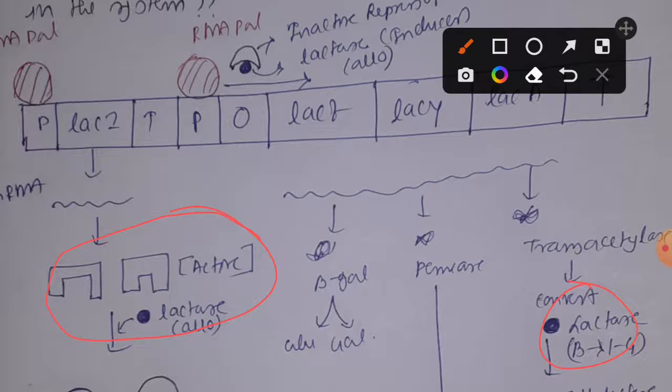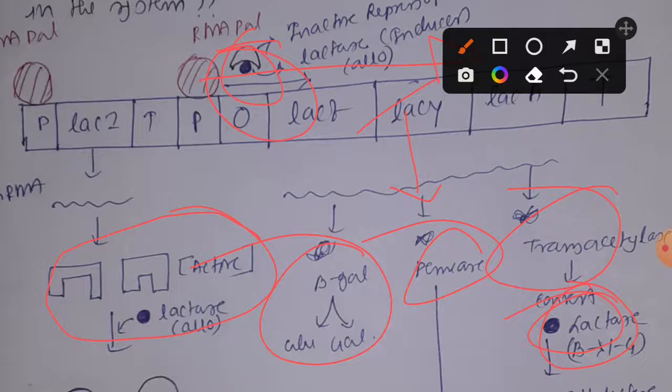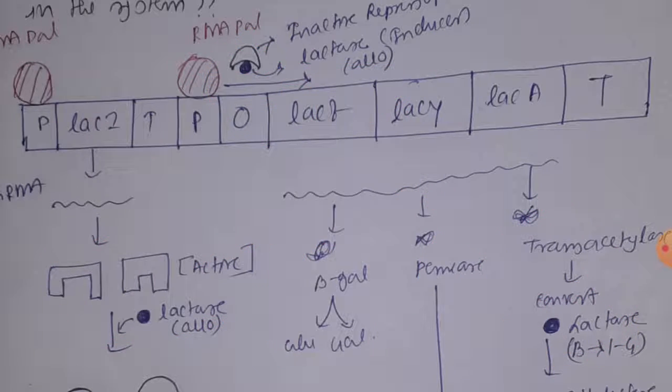Okay, after that the repressor cannot bind with the operator of the structural gene. So RNA polymerase now has the ability to start the transcription, and those repressors that are already bound with the operator also become inactive with the help of allolactose, and as a result they come out from the operator. So lac-Z leads to the formation of beta-gal, permease will be synthesized by lac-Y, and trans-acetylase will be synthesized by lac-A.